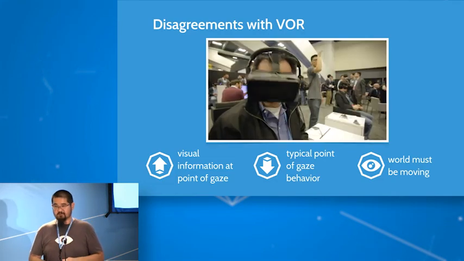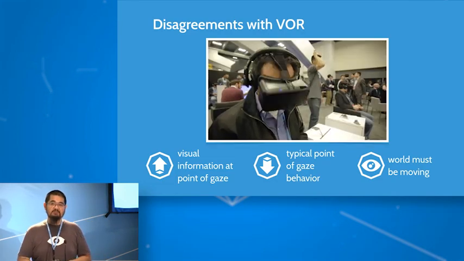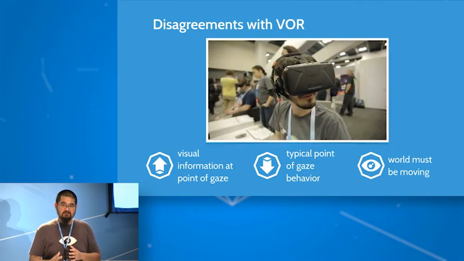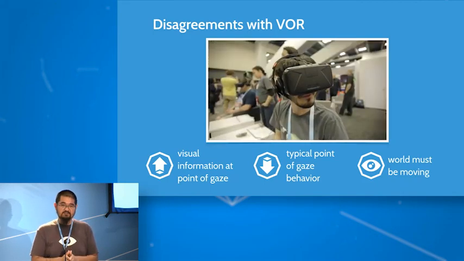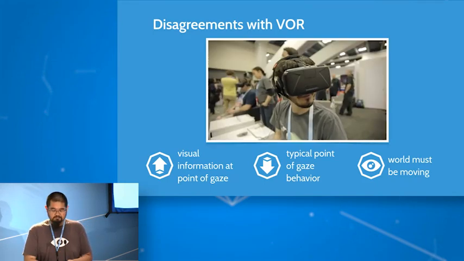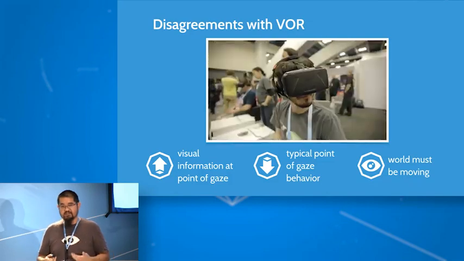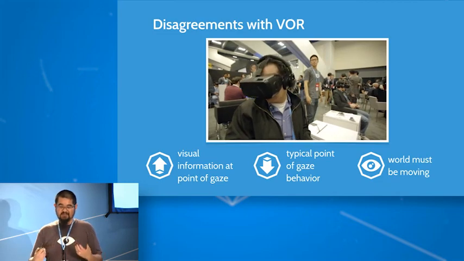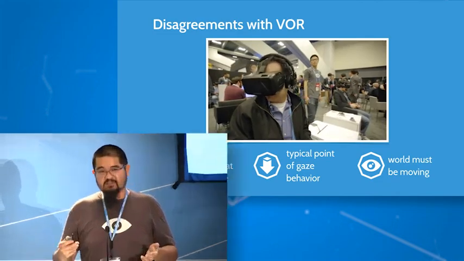And the thing about VOR, and the lifetime of experience you have with VOR, is that your mind already expects some typical point of gaze behavior. It expects that visual information at the point of gaze, when you're looking at a stationary object, is going to stay there. However, if your display isn't updating properly, if there's some lag on it, if there's bad distortion settings, bad head model, what's going to happen is that the visual information isn't going to update properly, and it's not going to stay at that same location in space.